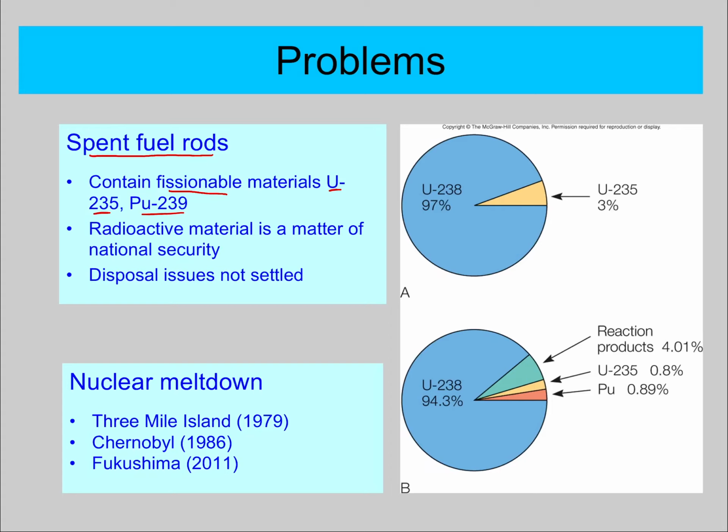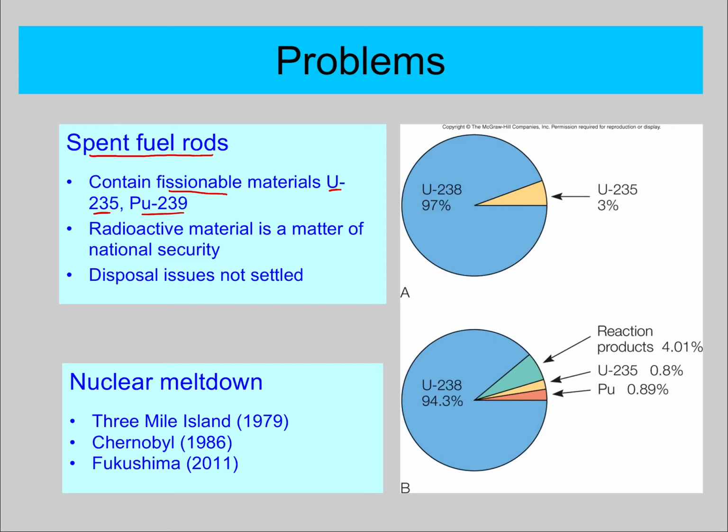So right now, most of these spent rods are being housed in a cooling reservoir, because there's also not agreement about taking the material and just reacting it all the way to make it something that's safe. Because there's a belief that because the material is still fissionable, it's useful in other ways, and it is useful in other ways.